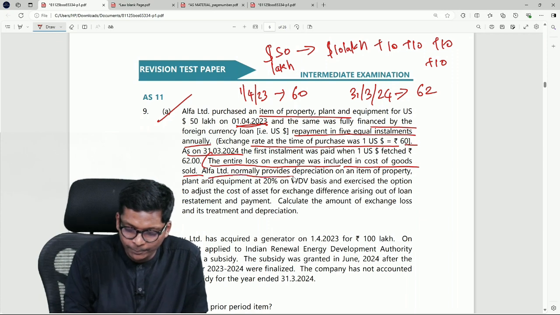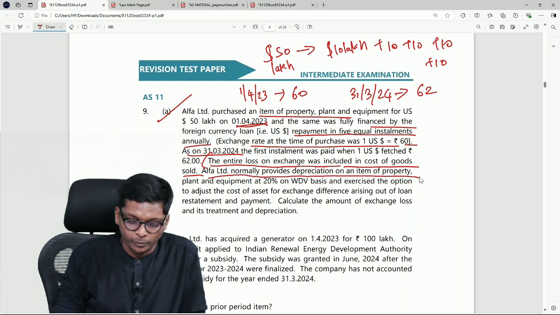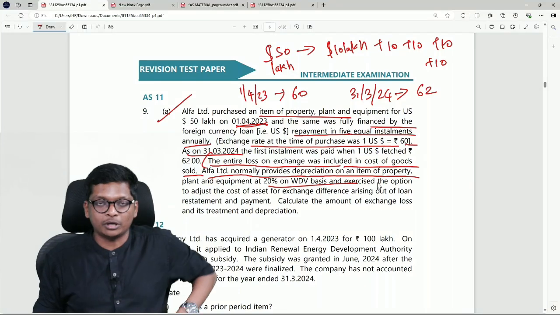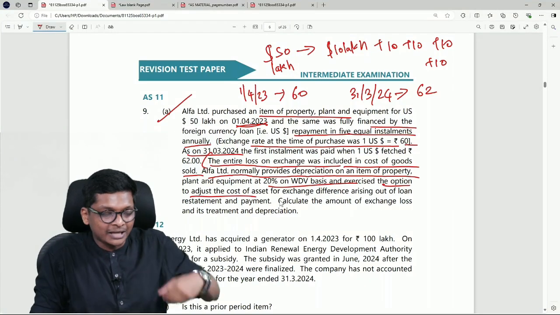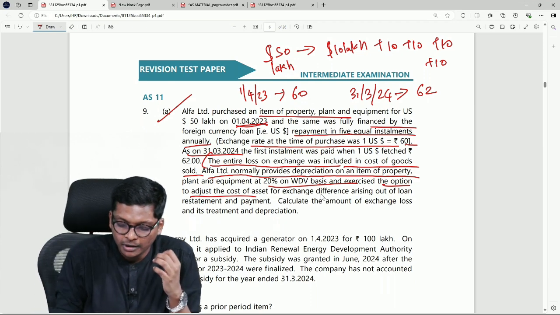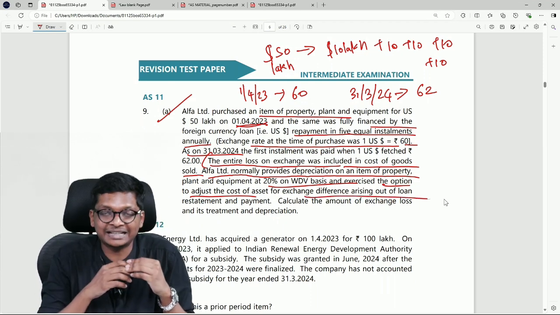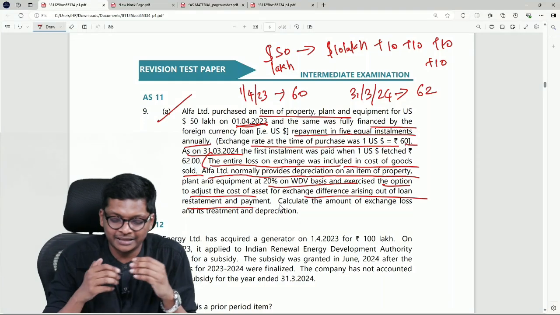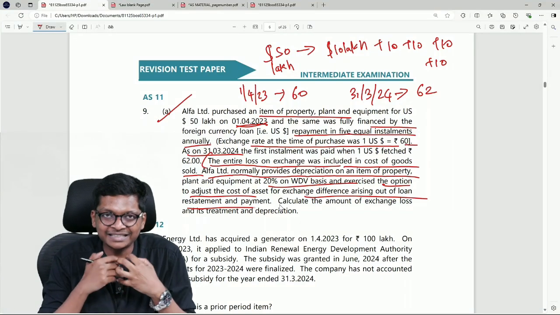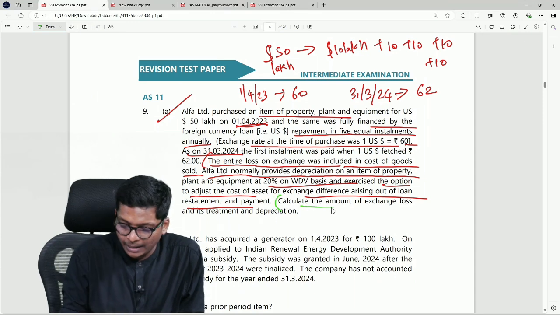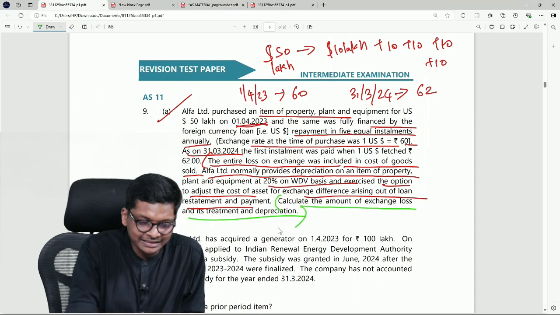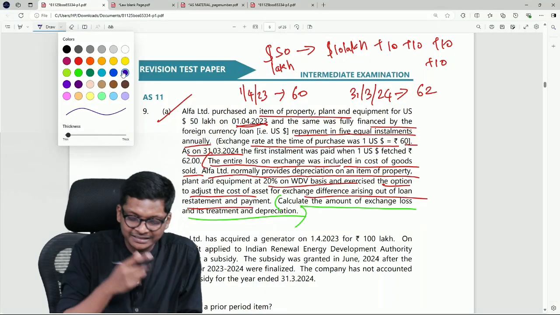Alpha normally provides depreciation on property, plant and equipment at 20% on WDV basis and exercises the option to adjust the cost of the asset for the foreign exchange loss arising out of loan restatement and payment. Basically, they are asking you to calculate the amount of exchange loss and the treatment of depreciation.